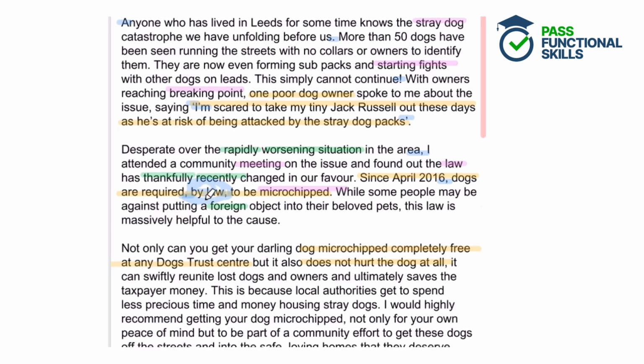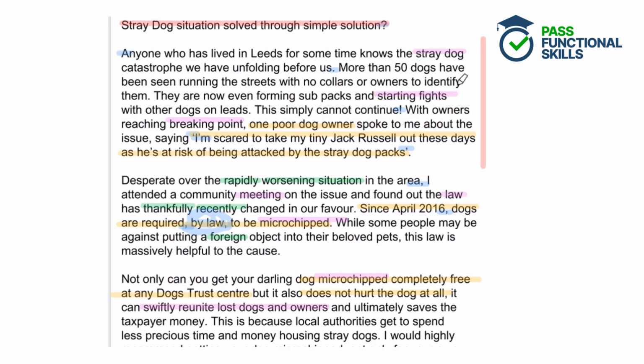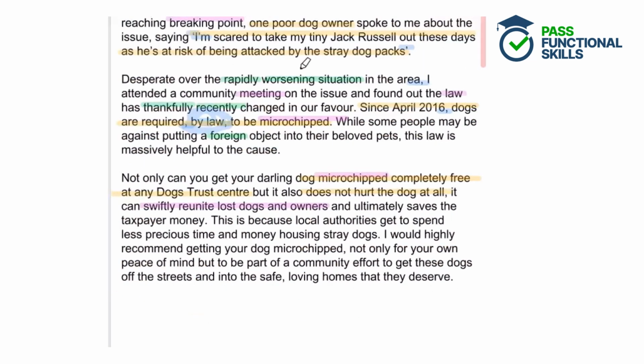And then in the third paragraph, we go into more detail explaining the benefits of microchipping and how it will resolve the stray dog issue, because it helps to swiftly reunite lost dogs and owners. So all of these paragraphs flow in a really logical order. We've identified the problem, we've explained a potential solution, and then we've gone into detail about how that solution is going to make a positive impact within the community. And this is a really great structure to the answer.